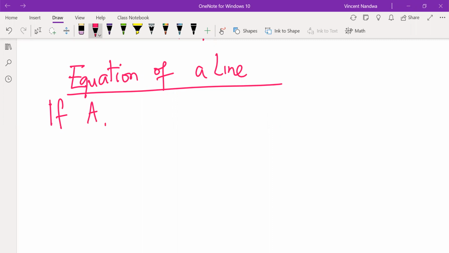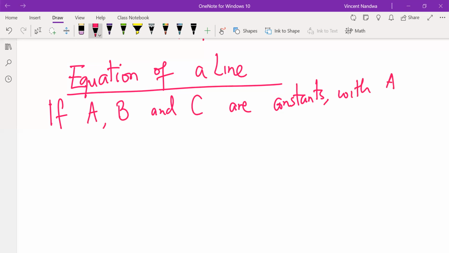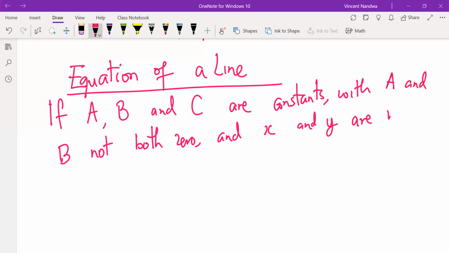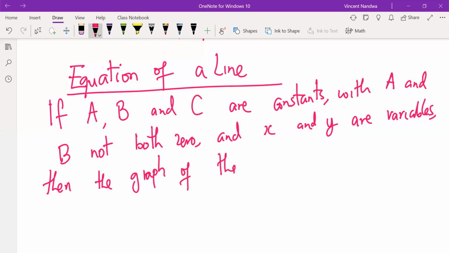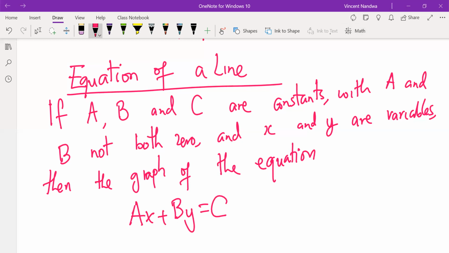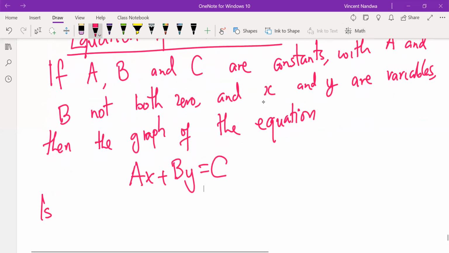If A, B, and C are constants, with A and B not both zero, and x and y are variables, then the graph of the equation Ax + By = C is a line.